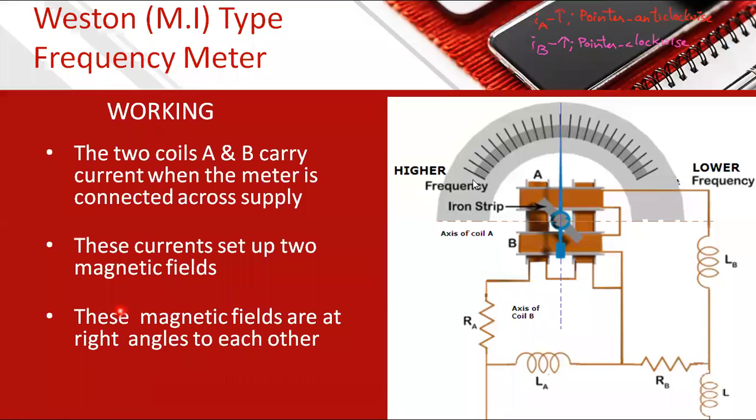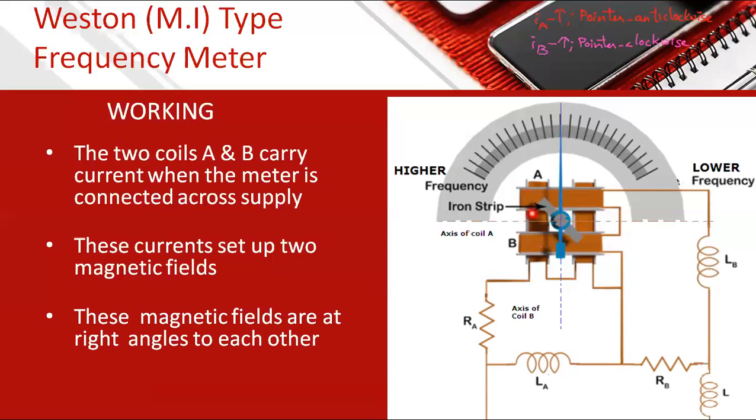Now we see that when we connect this circuit to some supply, supply will be connected across these two terminals. Then there will be current flow here. You can see there is a split of current. That means you will have currents flowing through coil A as well as coil B. So when current is flowing through coil A and coil B, we will have magnetic fields produced by coil A as well as coil B. But then how are the magnetic fields?